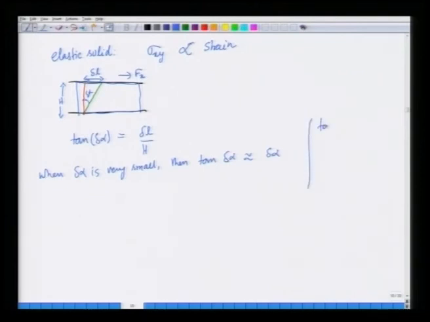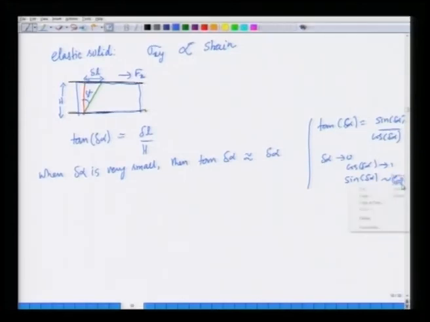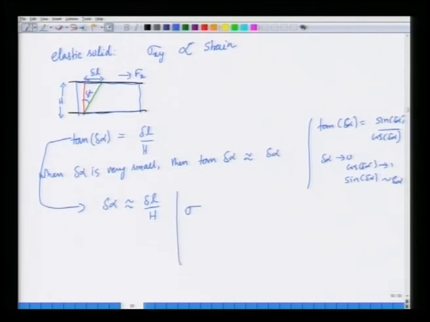Remember that tan delta alpha is sin delta alpha by cos delta alpha, and as delta alpha tends to 0, cos delta alpha tends to 1 and sin delta alpha goes as delta alpha. So, tan delta alpha will go as delta alpha. This means delta alpha is approximately delta L by H. So, sigma xy is proportional to delta L by H.